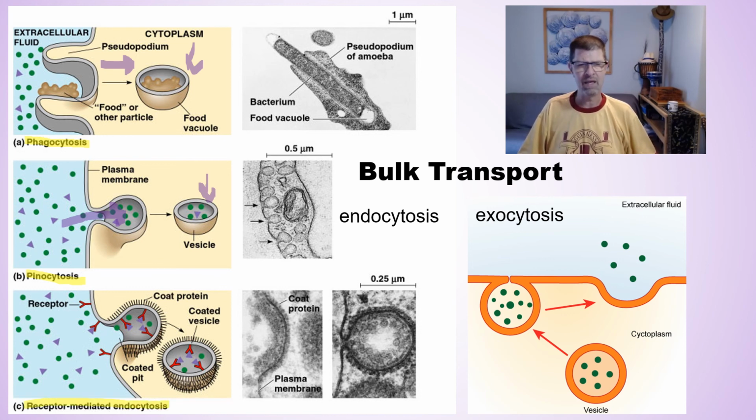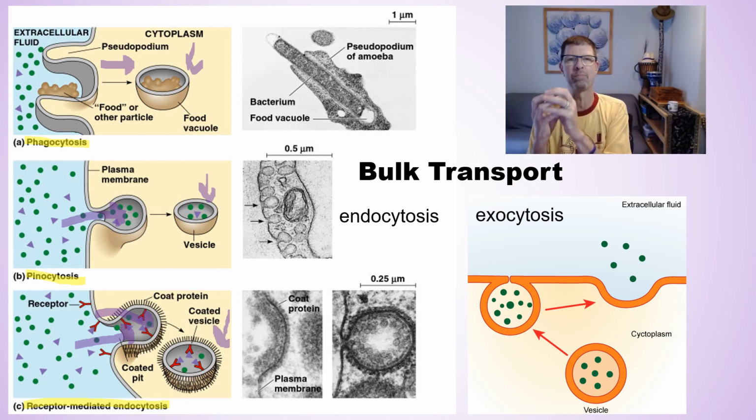But you see that the materials are being grabbed by the receptor molecules, and then the membrane folds in and becomes a vesicle, and those things are trapped on the glycoproteins. So that's 3 different forms of endocytosis: phagocytosis, pinocytosis, and receptor-mediated.